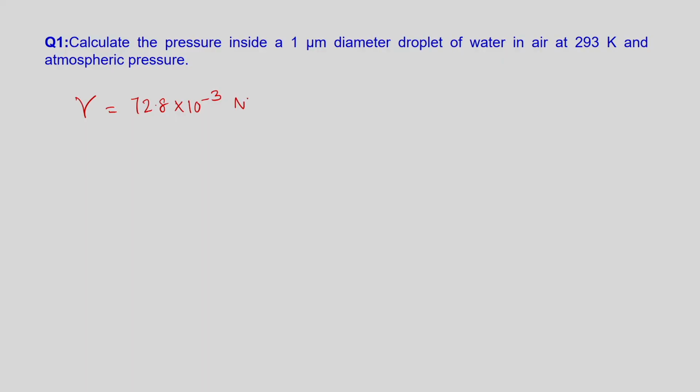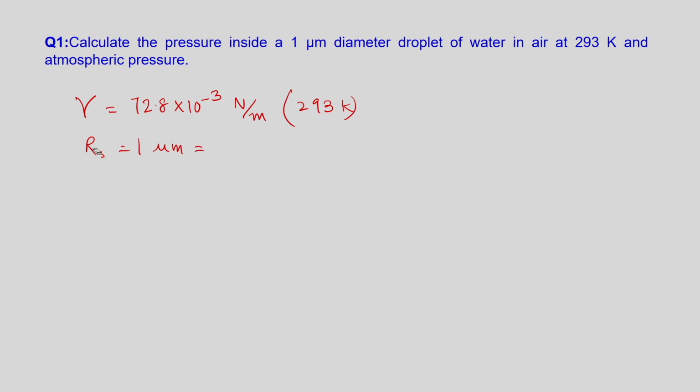The surface tension for air and water is 72.8 into 10 to the power of minus 3 Newton per meter at this particular temperature, 293 Kelvin. Fine. Now, the radius given is 1 micrometer. So, you convert it to meter.